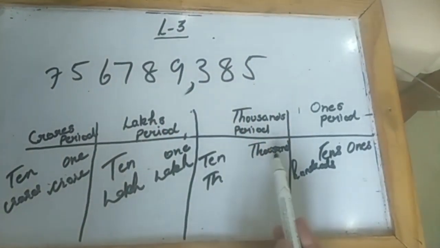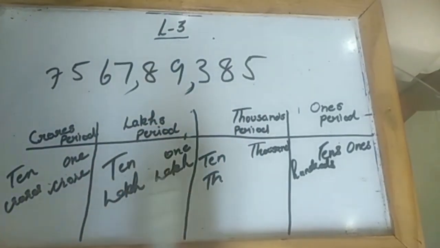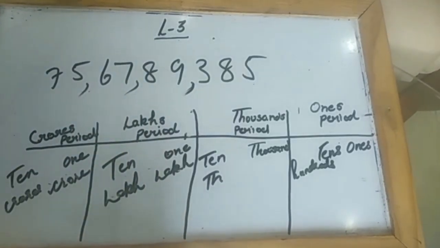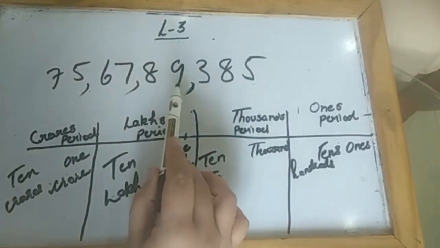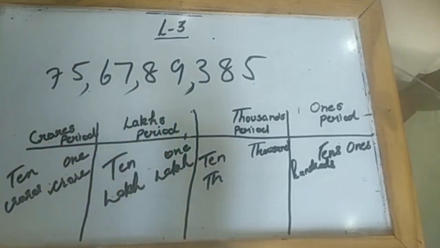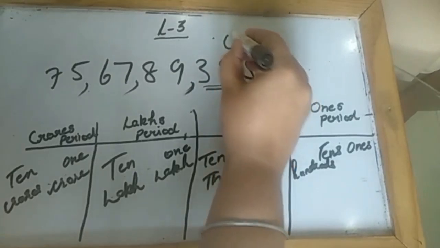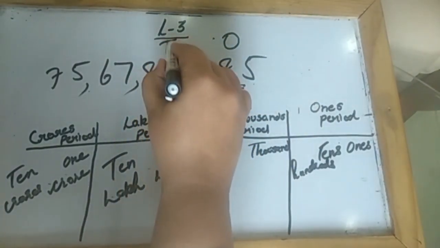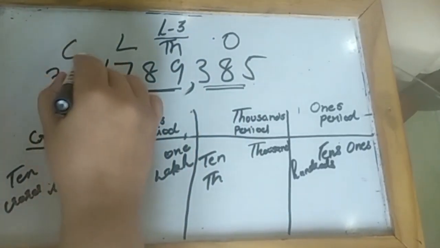Then the next period has 2 place values, so put a comma after 2 digits. Then again 2 place values, so put a comma after 2 digits. So first we put a comma after 3 digits and then after 2 digits, and we read the number according to the period. This belongs to the ones period, this belongs to the thousands period, this belongs to the lakhs period, and this belongs to the crores period.